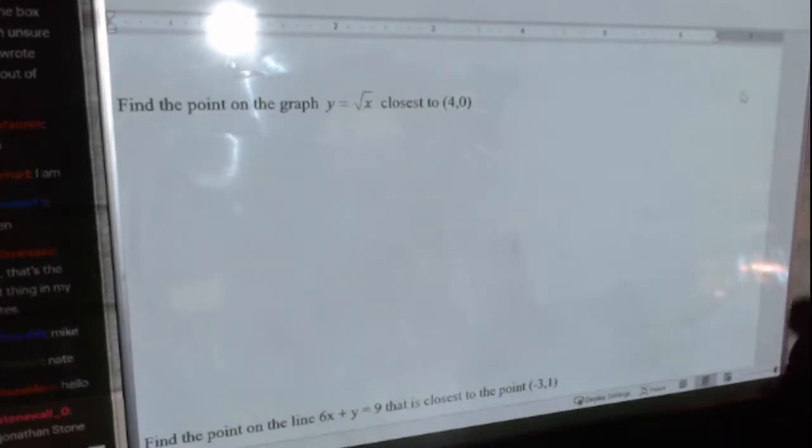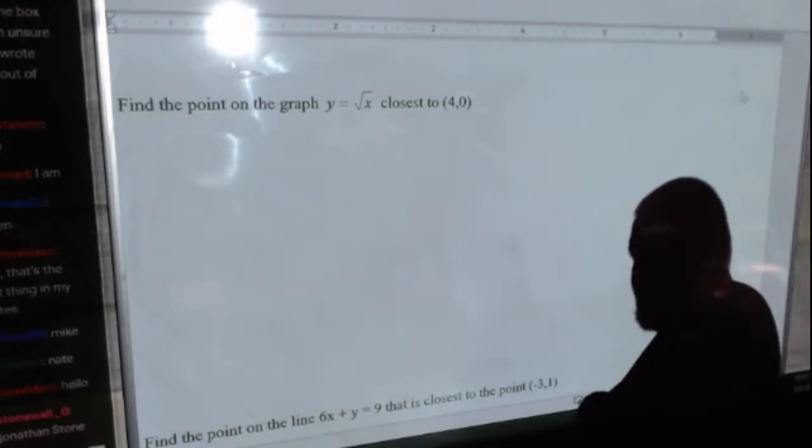So closest, that's our maximum, or really in this case our minimum. Now we're trying to maximize, or in this case minimize, the distance between a curve and a point. So that should tell you, when I say we're trying to minimize the distance, that we need the distance formula.